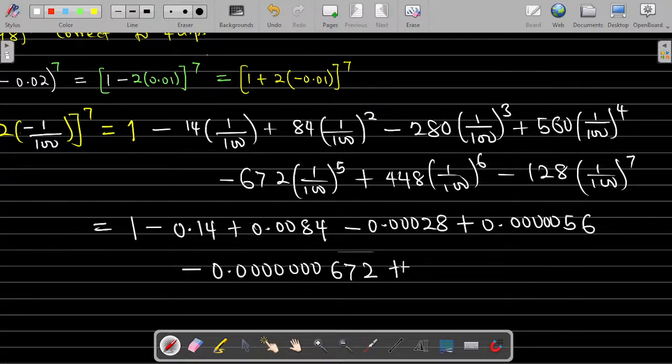So that is 0.0000000004 with 9 zeros, 3, 6, 9, then 4, 4, 8.